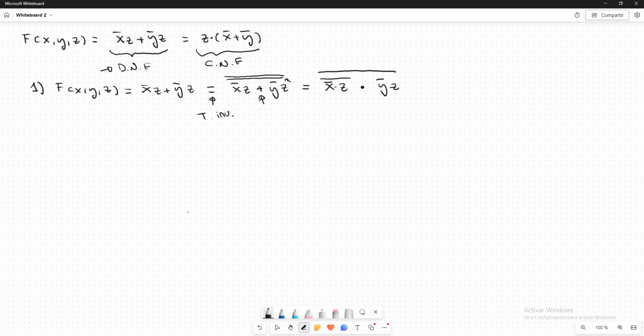So if you check the new expression, this is the inversion of x that can be done with a NAND gate. This is a negated logic product, and this is a negated logic product. So all of them are NAND gates. So just negating twice and applying De Morgan's law once, we have passed from the disjunctive normal form to a NAND gate implementation. We can do the same using the conjunctive normal form, but you are going to see that it's not the ideal scenario.